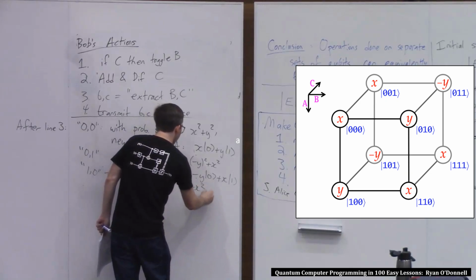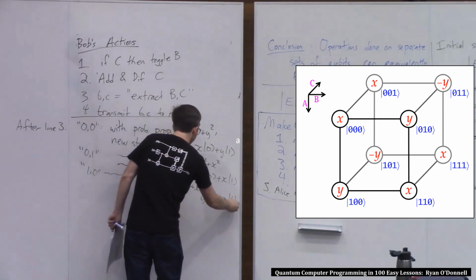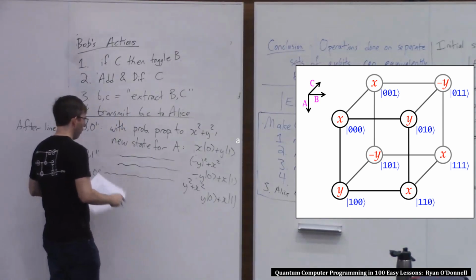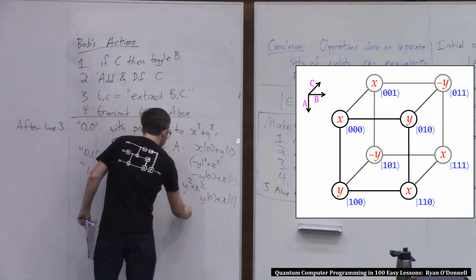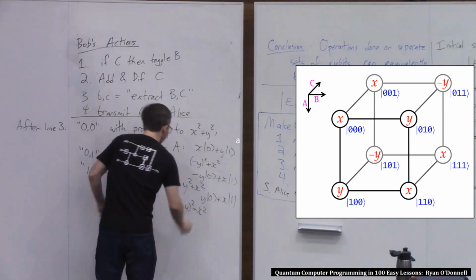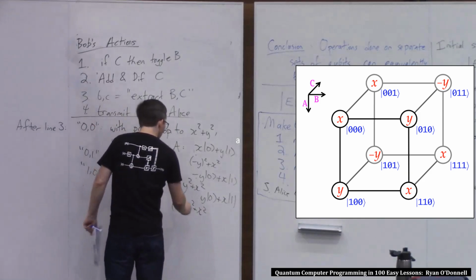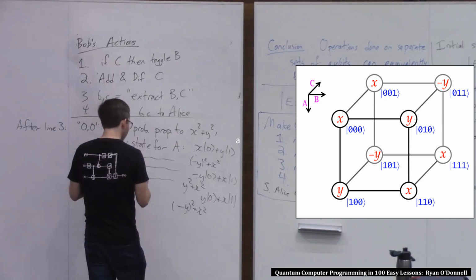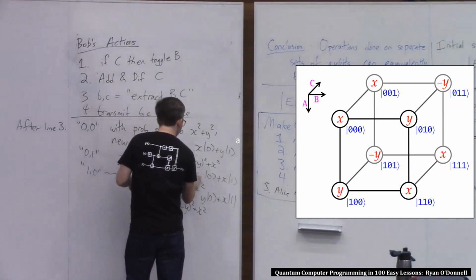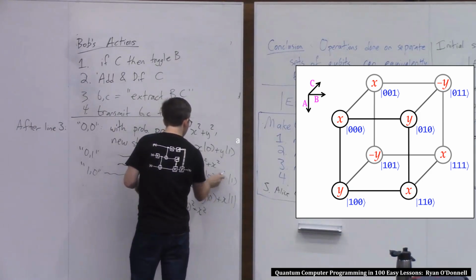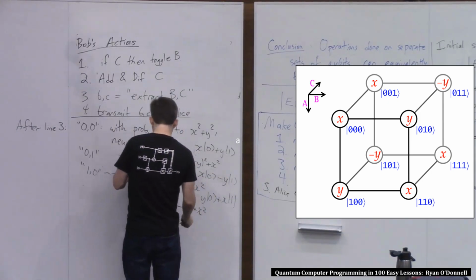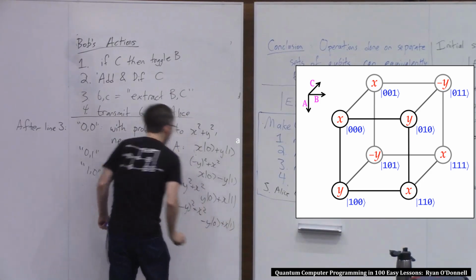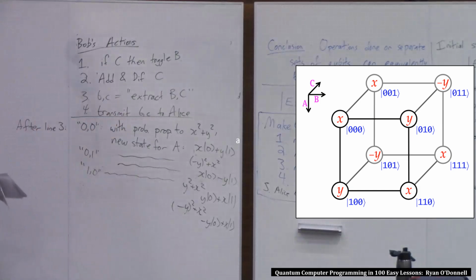And the new state is y ket 0 plus x ket 1. And the last one is, again, minus y squared plus x squared. And this last one is minus y and x. Okay, maybe I shouldn't have even written it.